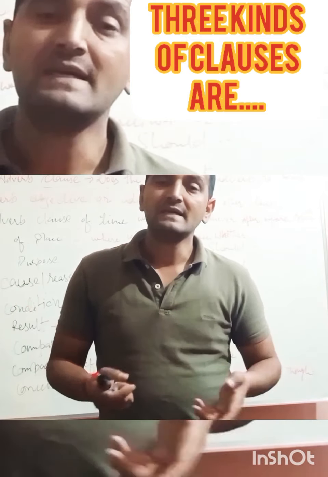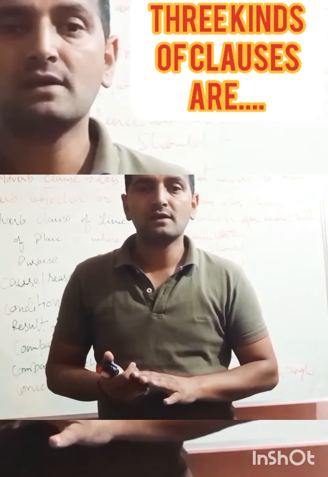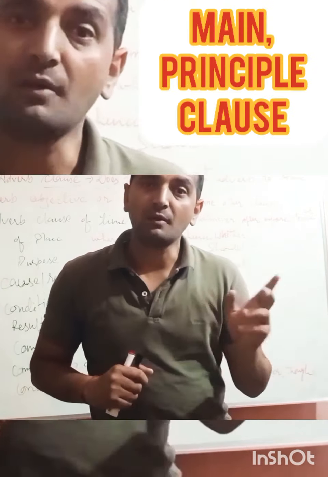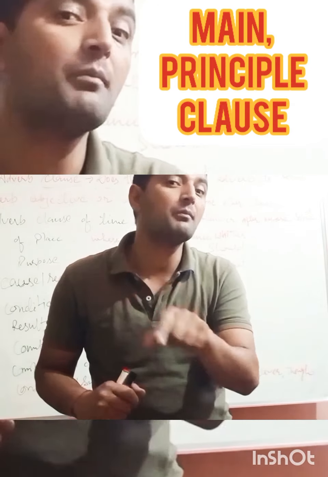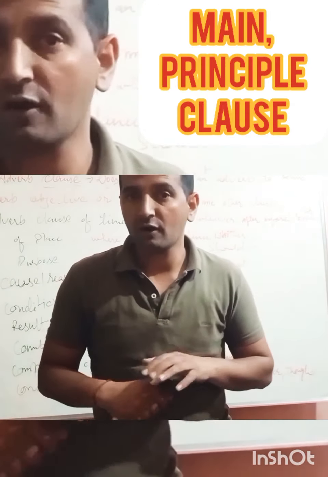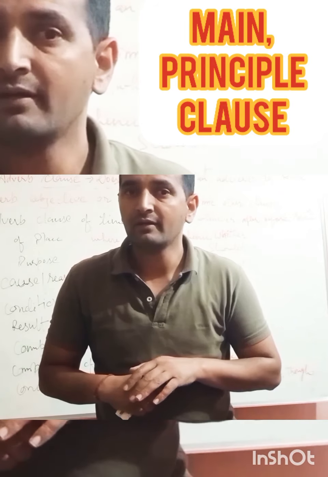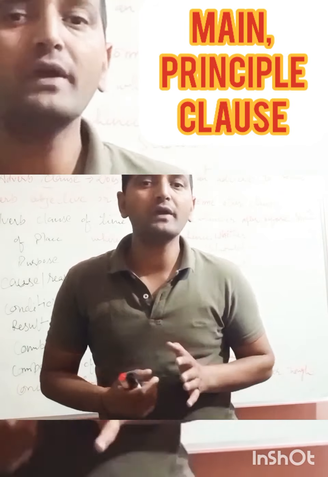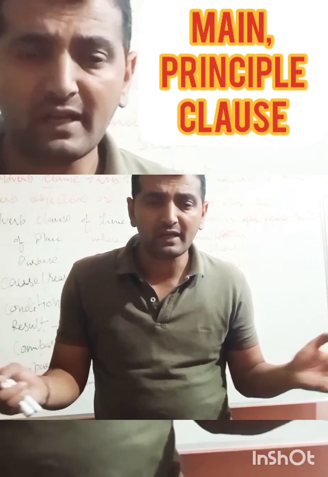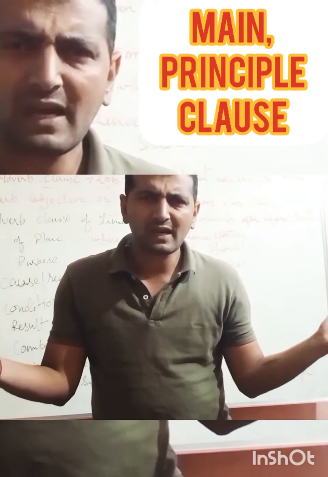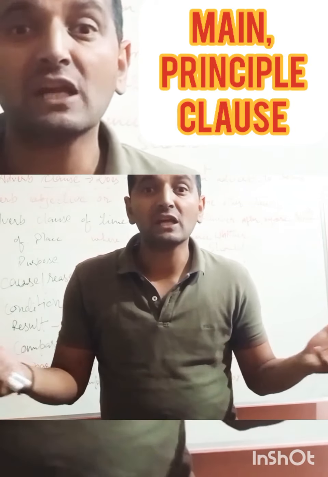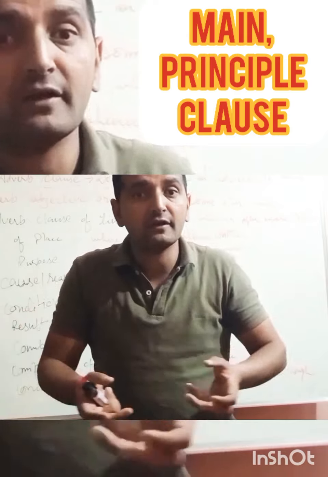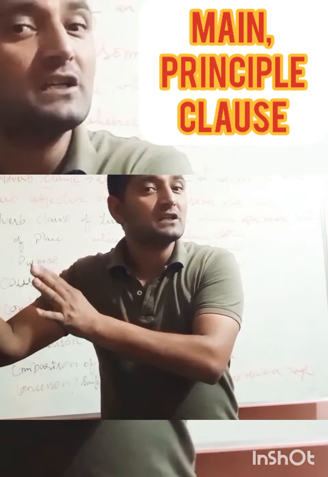Second is the dependent clause, sometimes called a subordinate clause, because it has to depend upon the main clause, the principal clause, to give its meaning. And then we have the coordinating clause, which is a kind of main clause that can be coordinated by coordinating conjunctions.